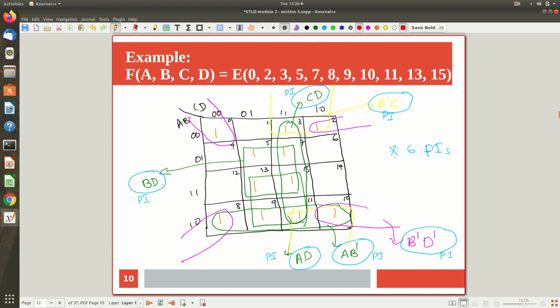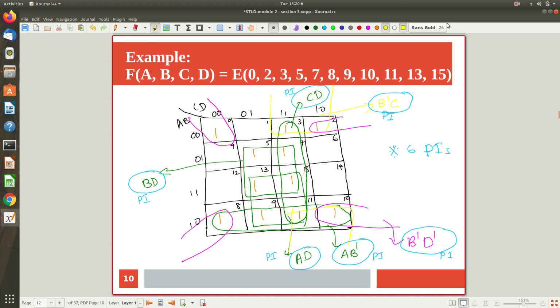Let's see. So the question is, is this BD, this particular prime implicant, essential? So what you have to do, you just focus on this particular prime implicant. So this is the area, right? So this is the whole thing. Maybe let me use the highlighter.